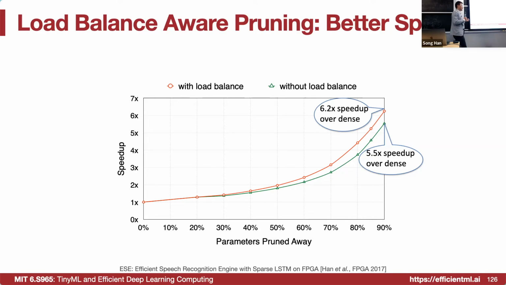This really shows that in algorithm-hardware co-design, the hardware features guide better software pruning. The pruning algorithm leads to a better speedup without changing the RTL. This is exactly the same hardware, exactly the same RTL, but it can achieve a better speedup with a more properly pruned model architecture.